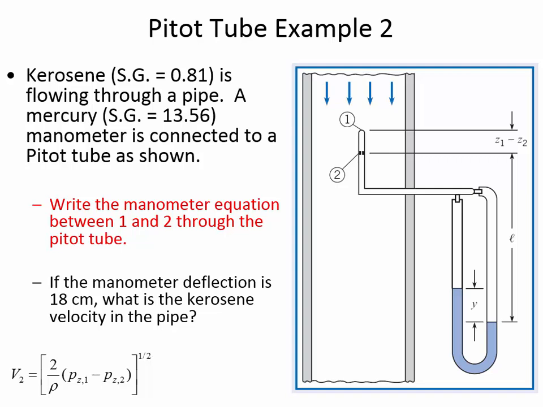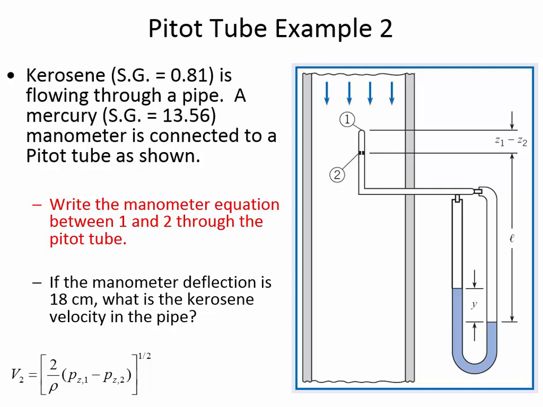Okay, so then that gets us inside the tube to this location. And we want to go all the way down through the tube and back to 2. So now we're going to go down, and so the pressure is increasing, and the distance we're going is L, and we're still going through kerosene at that point, so times the gamma of kerosene. All right, so now we are at this interface. We're going to jump over here, the pressure is equal.